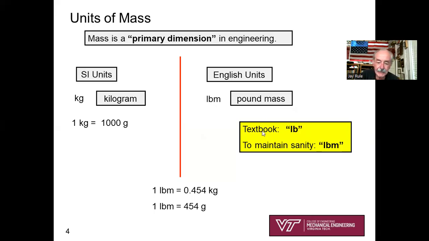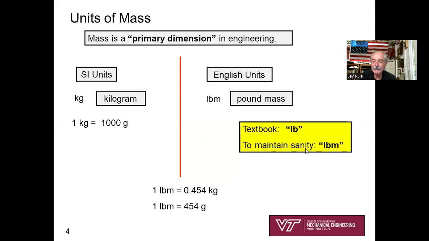And in my yellow text box, I want to point out right from the start, the textbook uses the unit LB. When you see in the textbook LB, I want you to always think LBM, pounds mass. So recognize the textbook uses the unit LB to represent a mass, not a force. Okay.